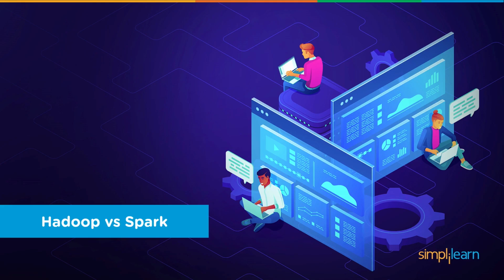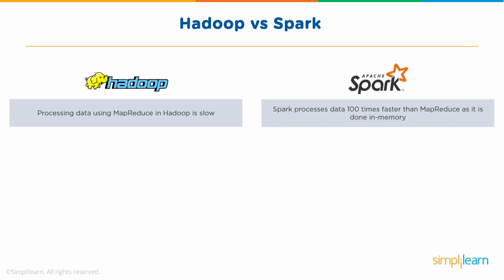Now, if you compare Hadoop with Spark, we know that Hadoop is a framework, and it basically has MapReduce, which comes with Hadoop for processing data. However, processing data using MapReduce in Hadoop is quite slow because it is a batch-oriented operation and it is time-consuming. If you talk about Spark, Spark can process the same data 100 times faster than MapReduce, as it is an in-memory computing framework.